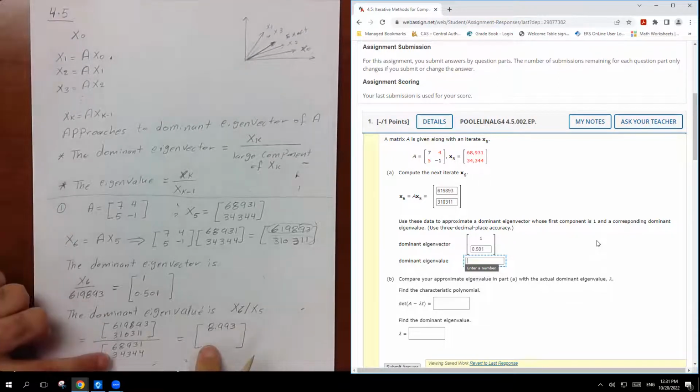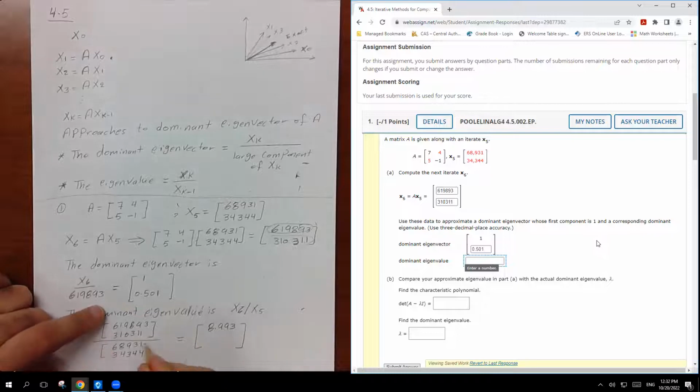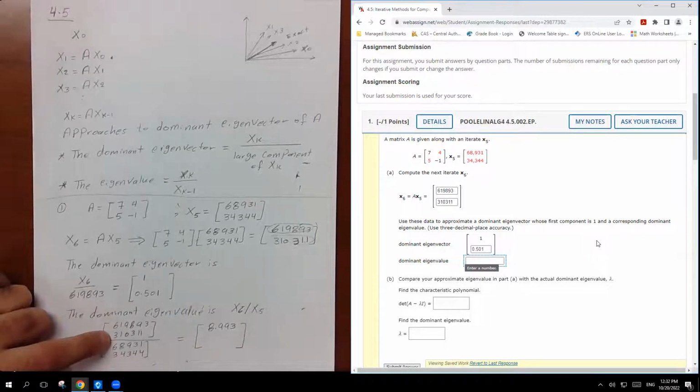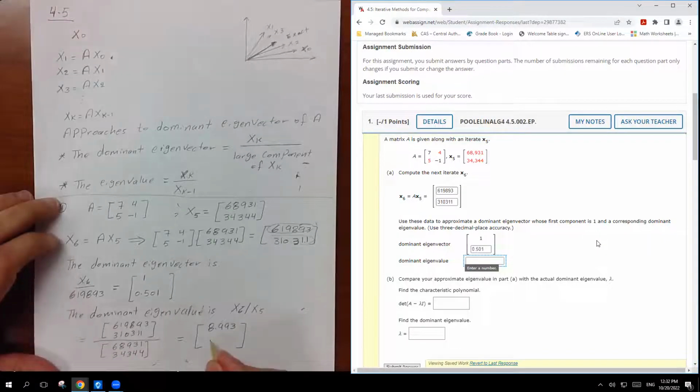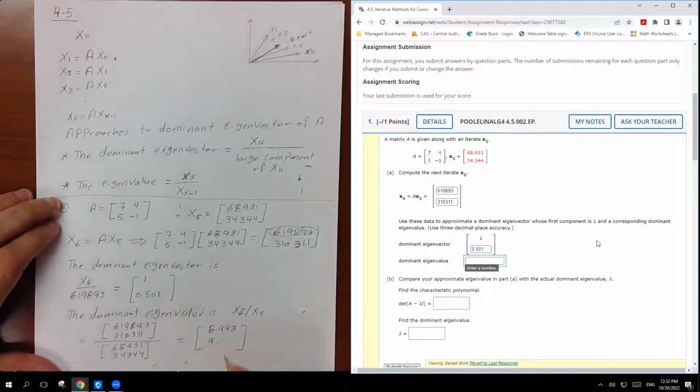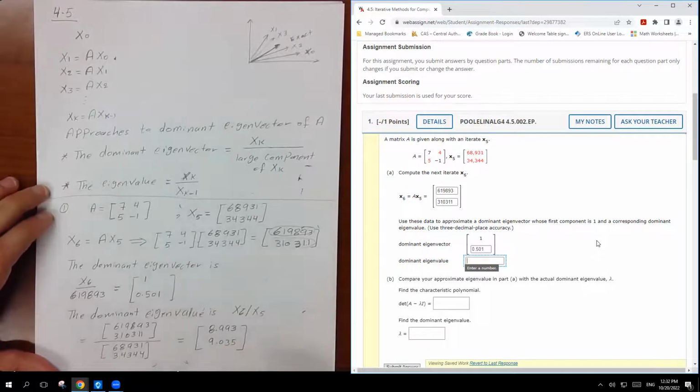So next one, we're going to divide 310,311 by 34344, which is going to be 9.035, so we're going to keep it like this.